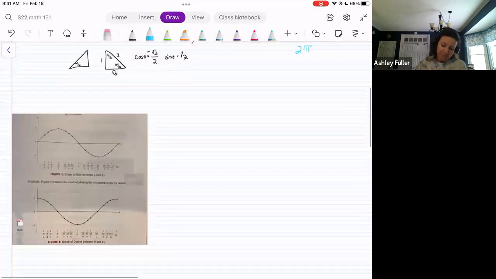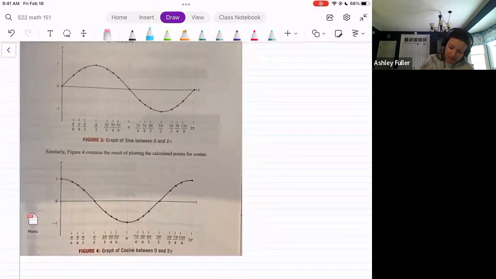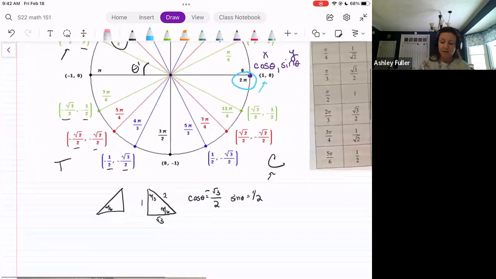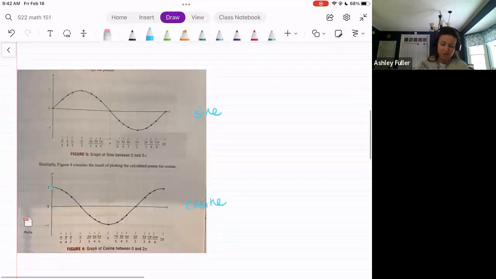Then if we come down and plot these values, here we have sine, here we have cosine. What you're going to notice is it never goes above 1, never goes below -1, and it repeats. In contrast, cosine starts at 0, 1, again, mimicking that point here when we're translating it into 2 dimensions. 0, 1, because cosine is 1, and then it comes down to -1.